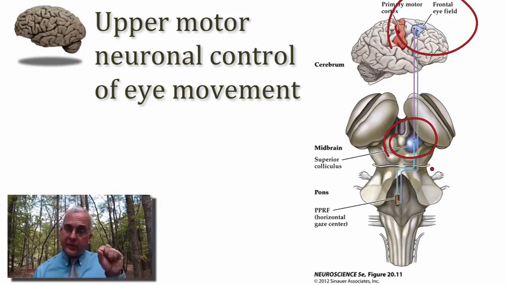If one were then to stimulate the same site from which you would record, what would happen is that the animal or the person would generate a saccadic eye movement to precisely the location of the receptive field of that column of neurons that were just sampled.